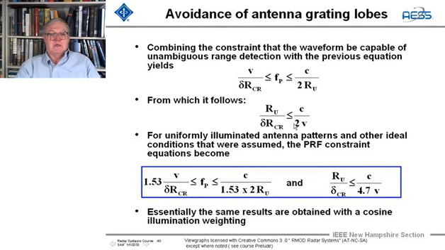So when we feed in the condition here, if we assume uniformly illuminated antenna patterns and the other idealizations that were assumed, the PRF constraint becomes this, and the unambiguous range divided by the resolution is less than C over 4.7 times V. And essentially the same results you get if you have a cosine illumination weighting on the antenna system. So this is where the PRF has to fall between these limits.